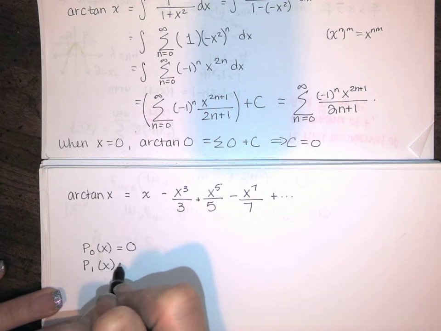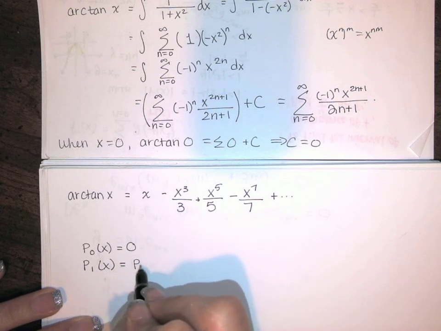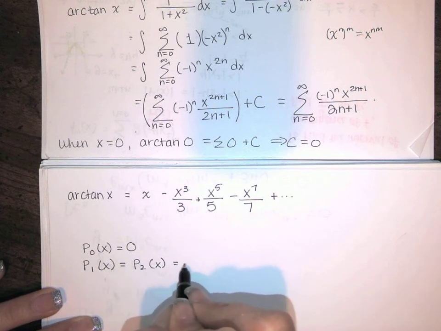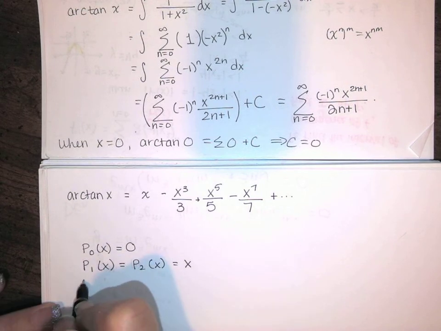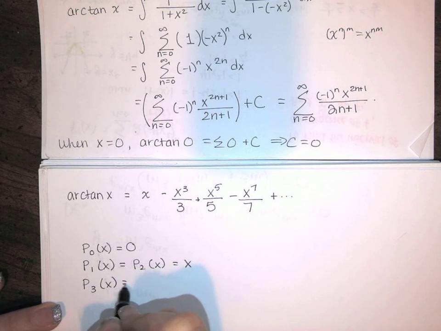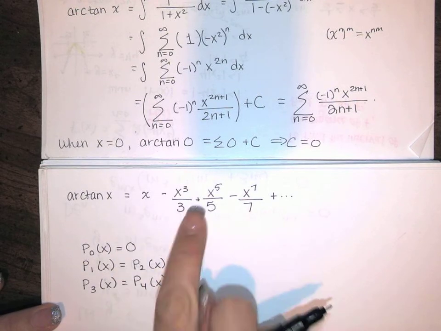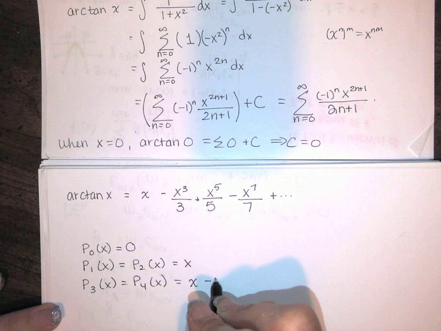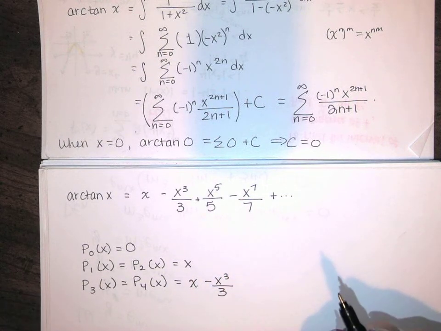Or we could use p sub 1 of x, and since there's no x squared term, that's also the same as p sub 2 of x. That's just x. That's the tangent line. Or p sub 3 and p sub 4. Those go all the way up to the x to the 4th term, so that's x minus x cubed over 3, and so on.